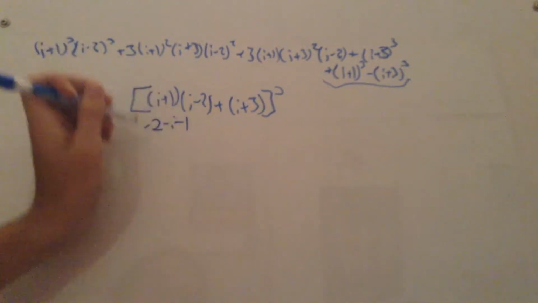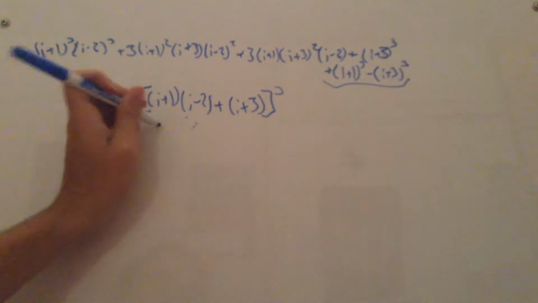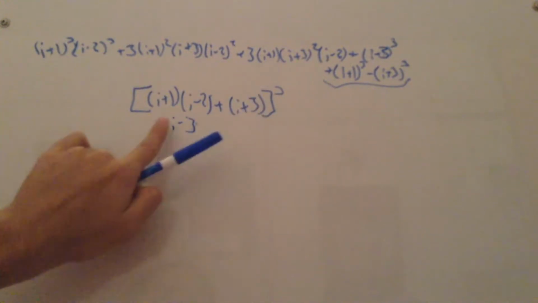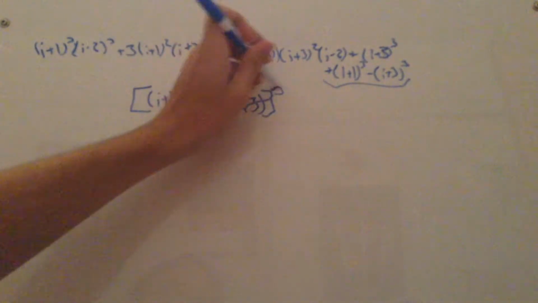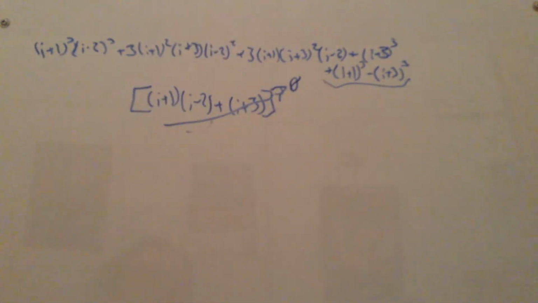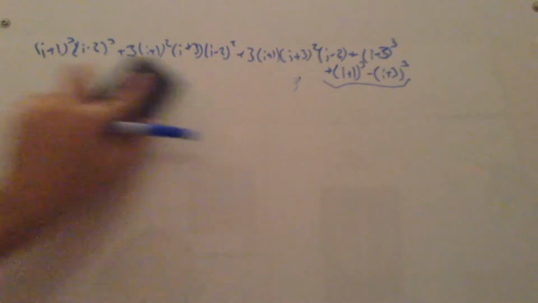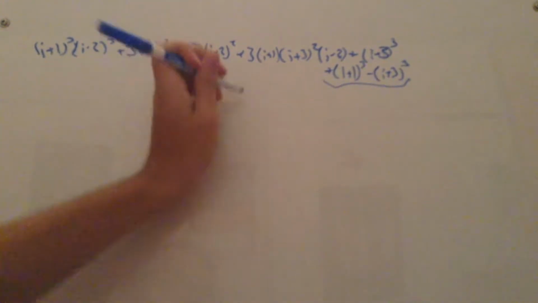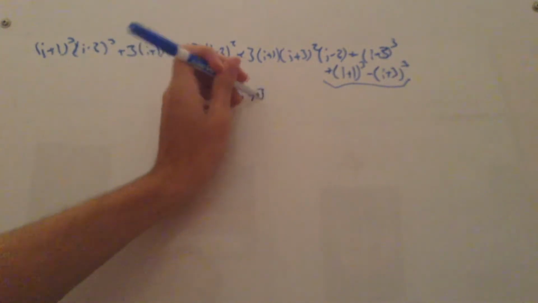And then negative 1. So we've got negative i minus 3. But combine that with i plus 3, and this whole thing just becomes 0. So all we're really working with here is (i+1)^3 minus (i+3)^3.